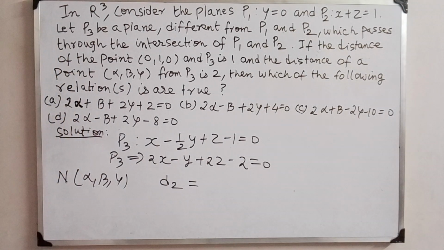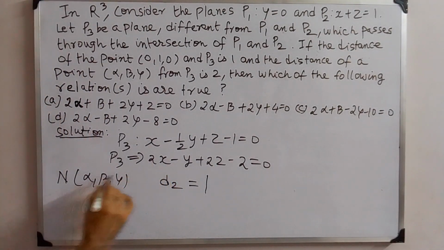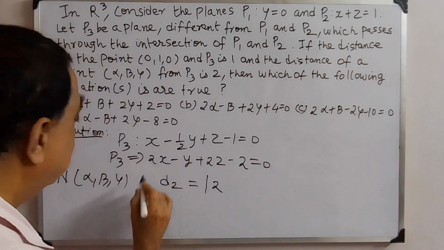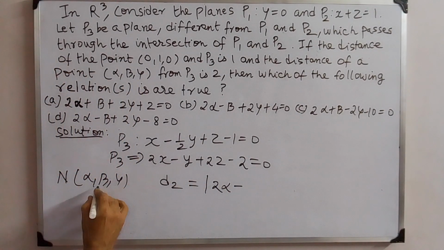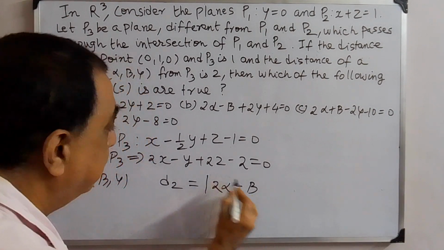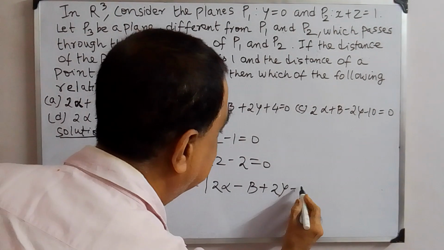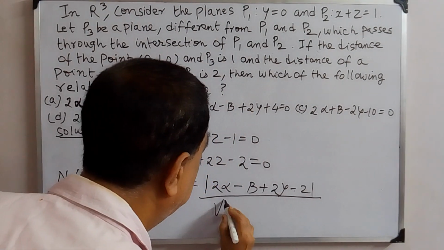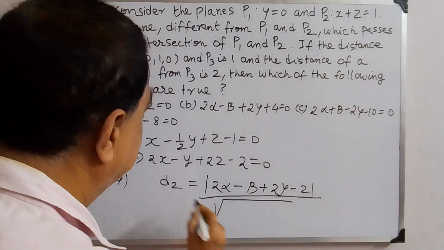So d2 will be equal to the absolute value of, in place of x, y, z, I will put these coordinates of N. So this will become 2 into the x coordinate alpha minus, in place of y I will put beta, plus 2 in place of z I will put gamma minus 2, absolute value, divided by the square root of the x coefficient square.